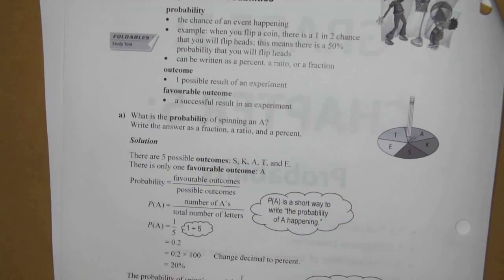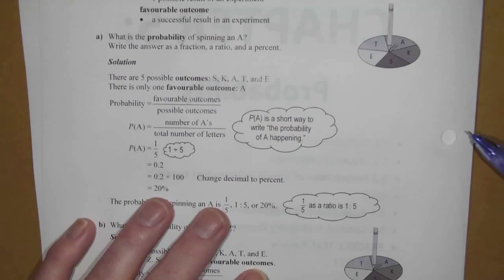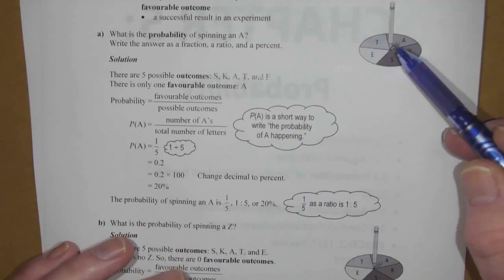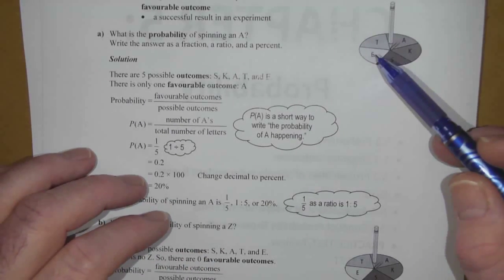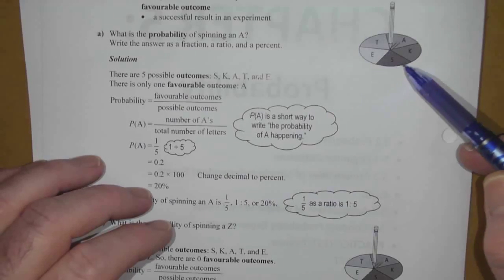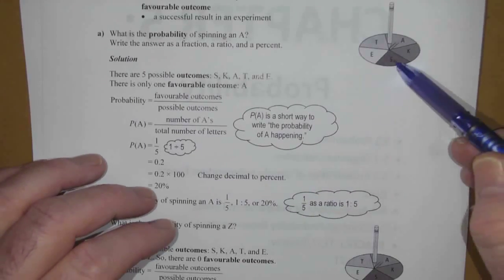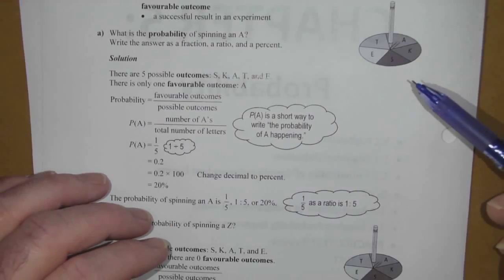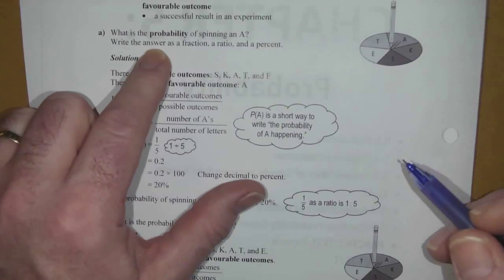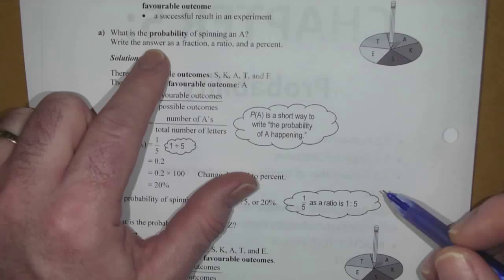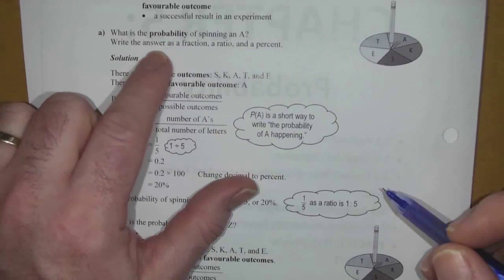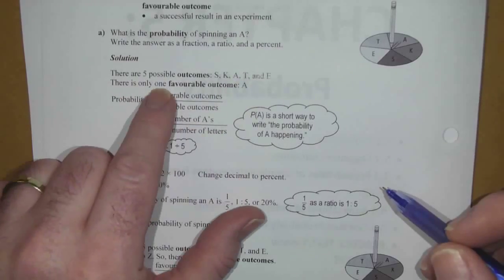So let's have a look at a situation where we've got a spinner. On the spinner there's 5 sections, and each section has a letter from the word skate on it, S-K-A-T-E. The question here is, what is the probability of spinning an A? To do that, we write the answer as a fraction, a ratio, and a percent.